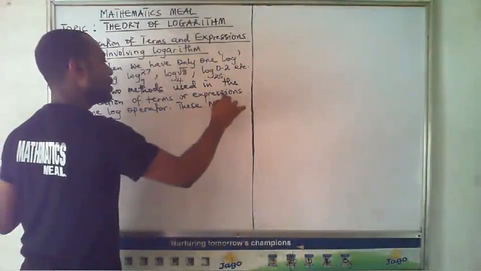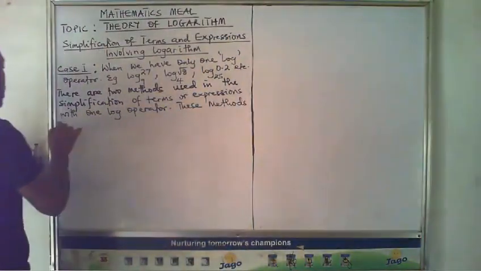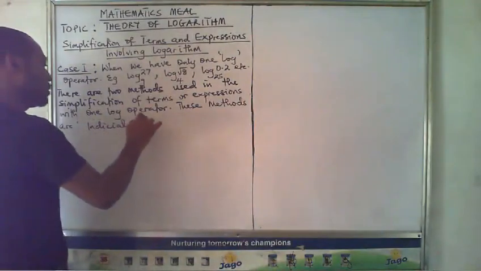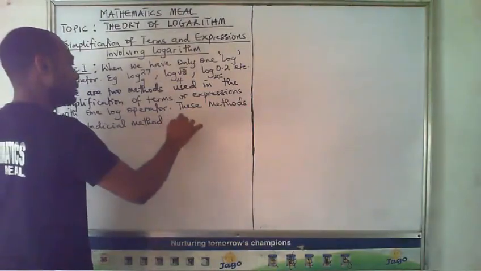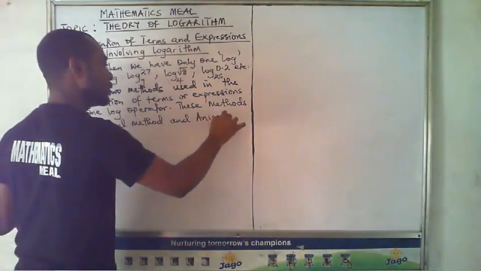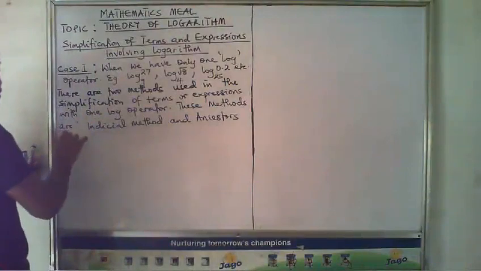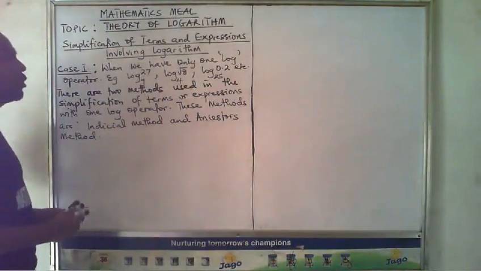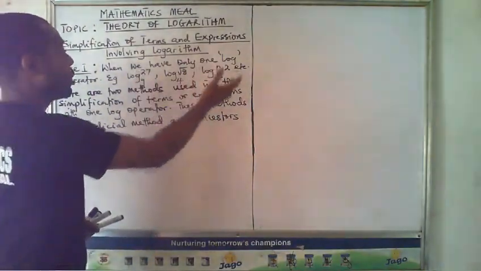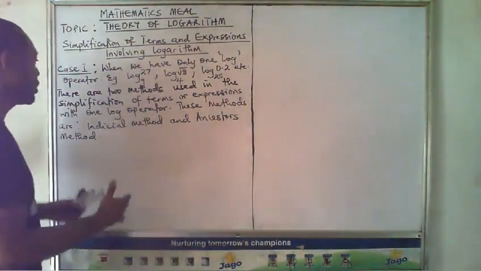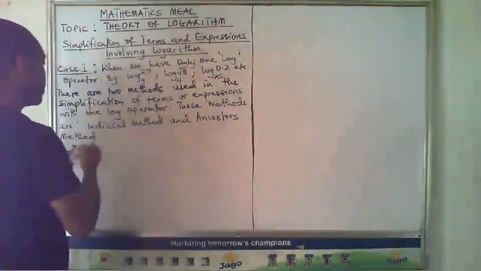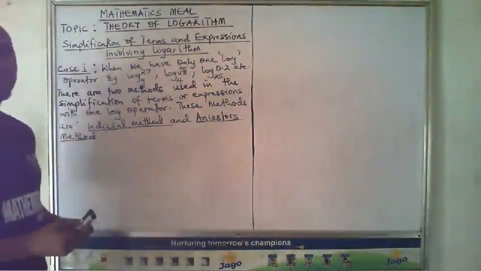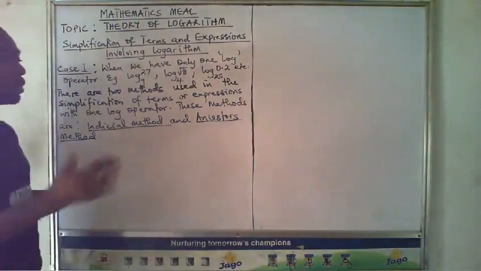These methods are the indicial method and the ancestors method. So when we want to simplify a term or an expression that contains just one log operator, there are two methods that can be used. One of them is the indicial method, and the other one is the ancestors method.